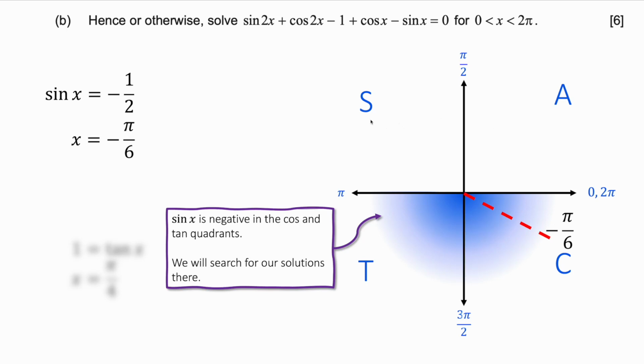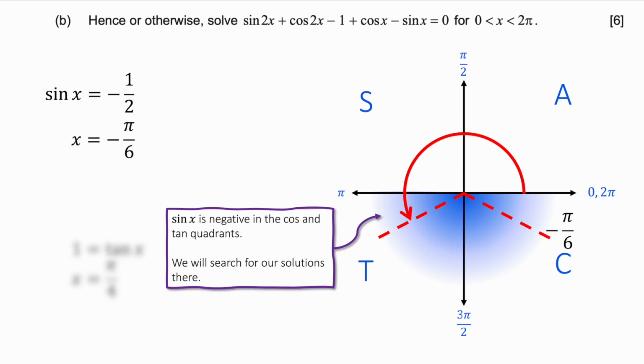We just remember that sin is positive in the sin quadrant and in the all quadrant. So we are looking for solutions in these two quadrants. We can reflect the angle into the tan quadrant as well, and we're looking for solutions around here. So the first angle is going to be this one, where we go around from 0 all the way around until we meet the first angle.